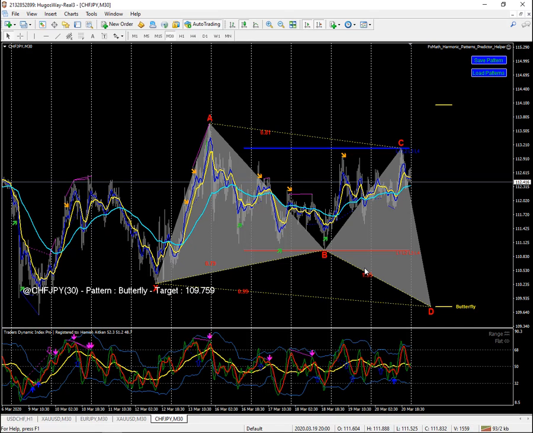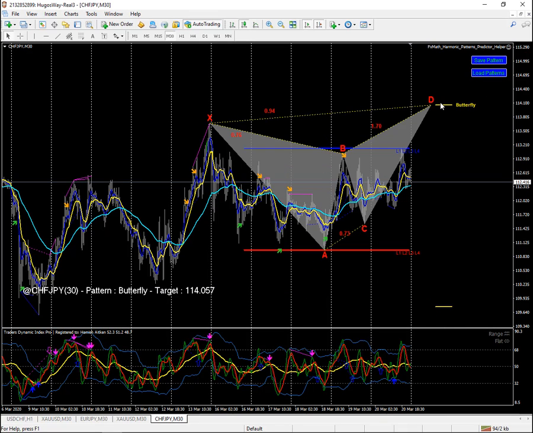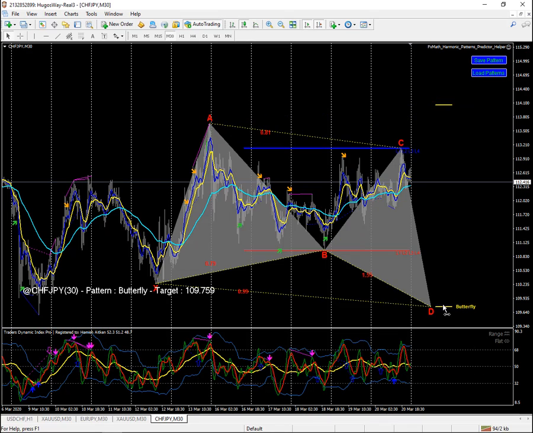This is also a butterfly, which I like better than the first one. We did analysis, so it kind of seems like this will meet the requirement of a butterfly.